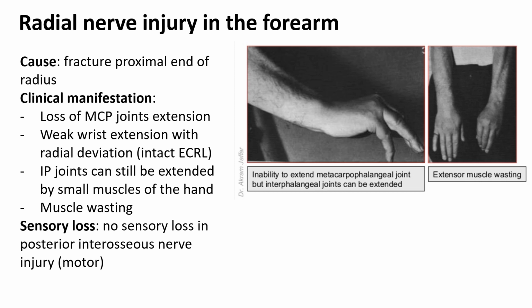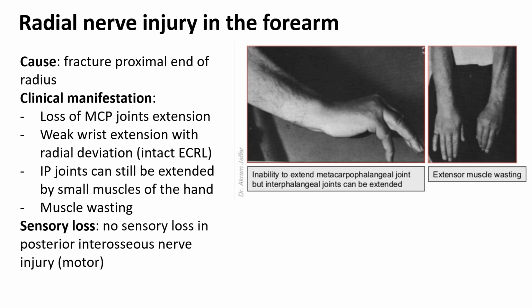What we will get is loss of metacarpophalangeal joint extension, which is the action of extensor digitorum, and weak wrist extension with radial deviation. We don't have wrist drop here because we have intact extensor carpi radialis longus. However, there will be a radial deviation or slight abduction when we do wrist extension.